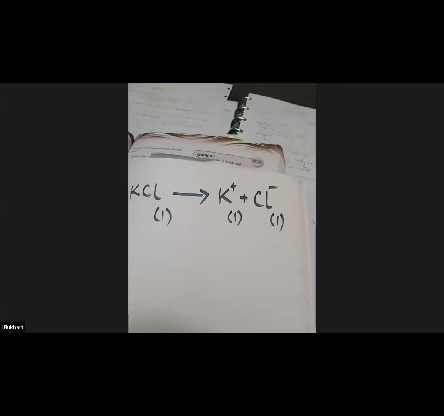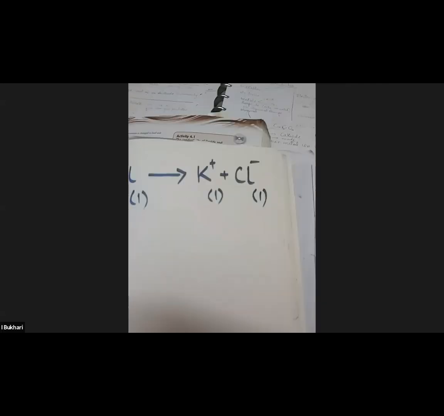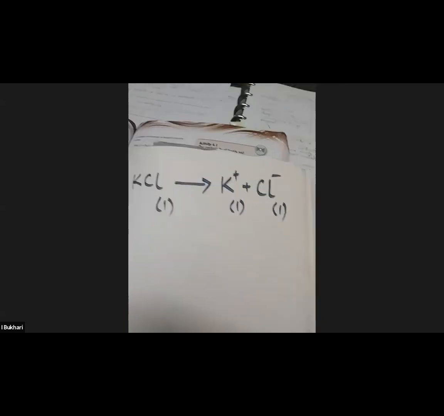Explain to me how. When you explain your answer, you will get to the right answer. Because potassium chloride is being broken down into its ions, potassium and chlorine. Potassium and chlorine? Chloride.